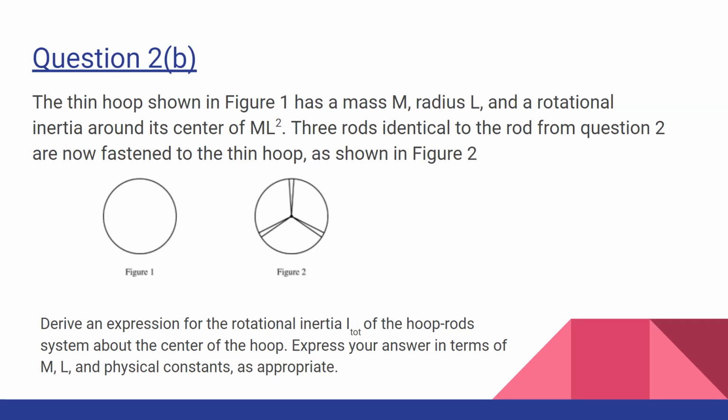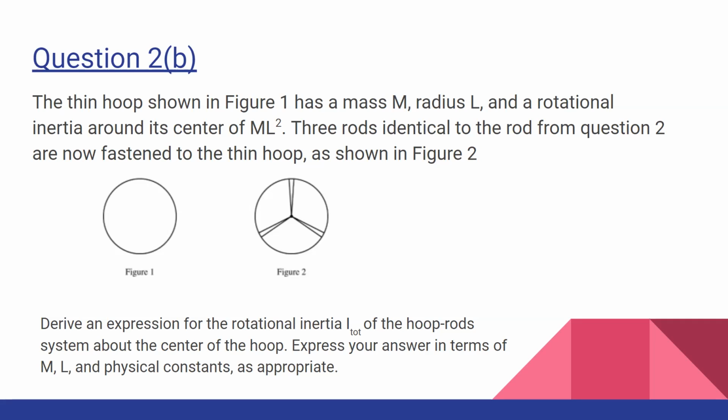Here's a hoop that has rods stretching to it, stretched evenly around this circular hoop, and they're all identical to the rod from question 2, the last part we did.